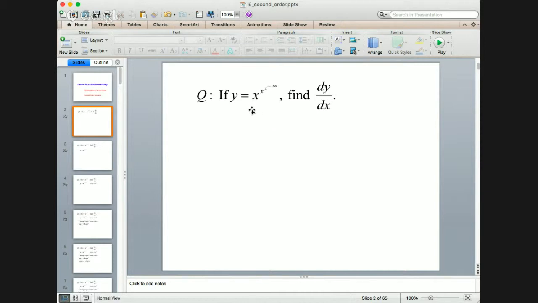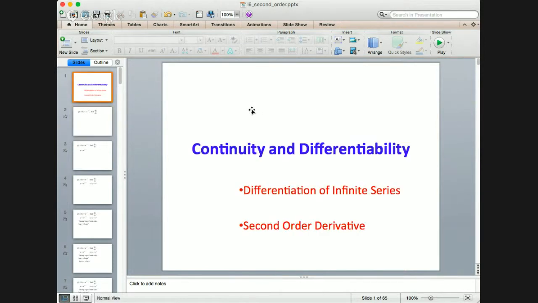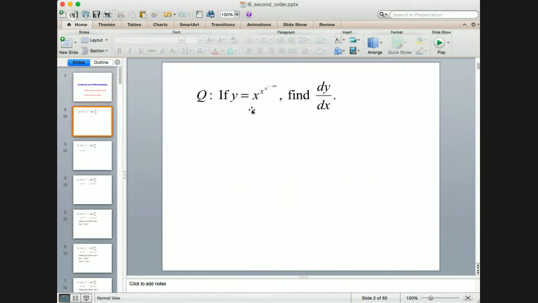And that is where, if you look at what I started by saying, we are going to be looking at differentiation of infinite series. So here the function is expressed as an infinite series. So there is a pattern that you observe in this expression. And we have to find the derivative of y with respect to x.